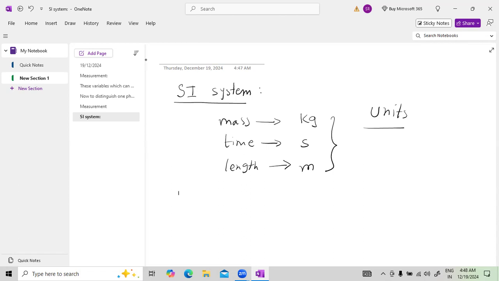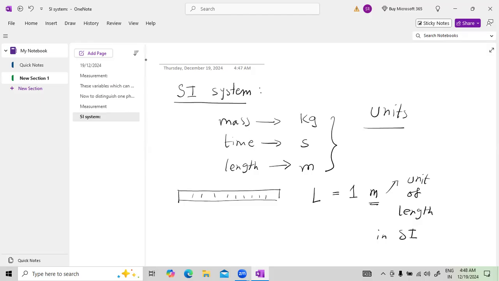Let's suppose we have a scale here. Let's say it is a meter scale, and we know its length is 1 meter, and this meter is a unit of length in the SI unit system.